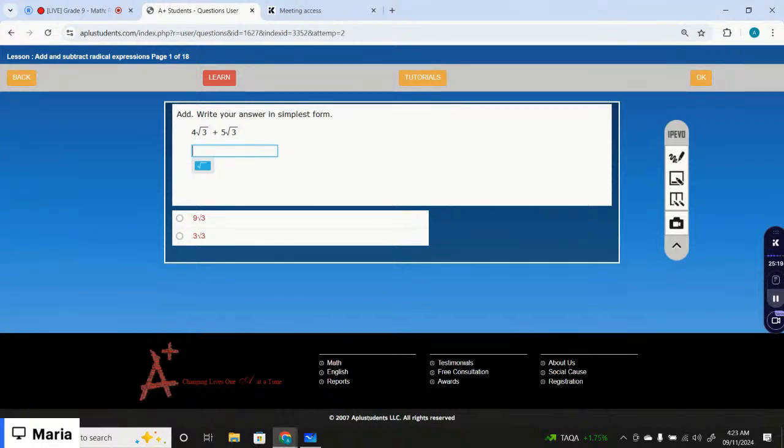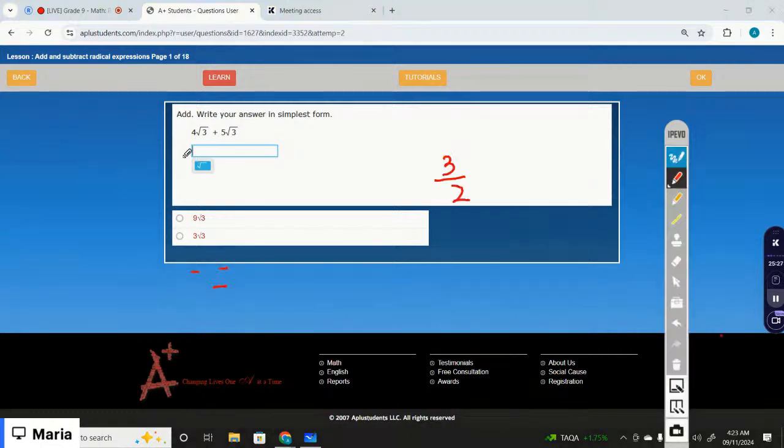Add 4 square root 3 plus 5 square root 3. So just take common square root 3 from here and you are left with 4 plus 5.